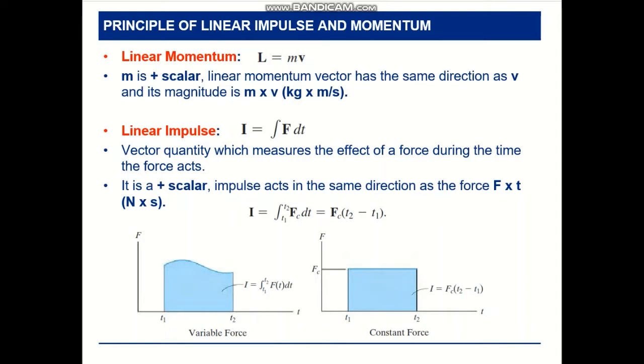But if F is constant, you just need to multiply by the delta t, because the area under the curve gives us the linear impulse. It's hard to calculate areas of this kind of shape, so we take the integral in order to find the area below it. But if we know that it is constant, it's a rectangle, so we just multiply and we get the area under the shape.